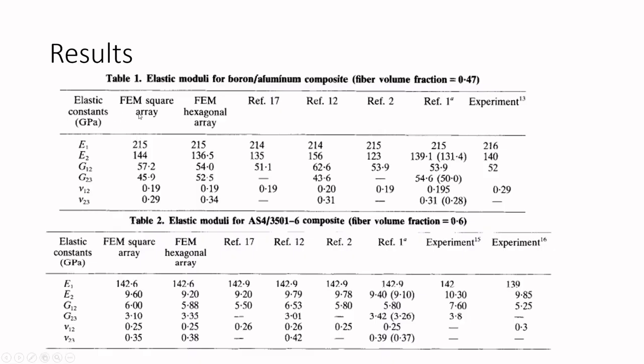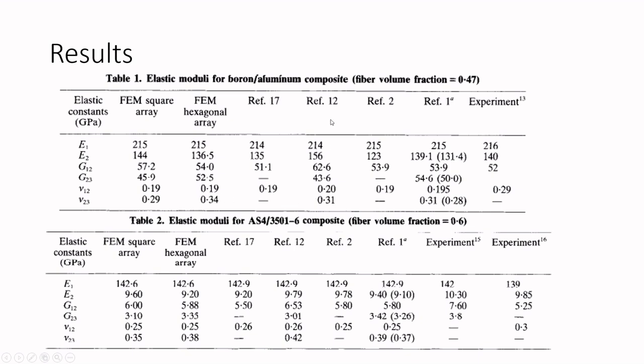This is the result from the experiment and from these particular simulations, and also some references are taken to know the agreement or disagreement. This shows that the first one, E11, has great agreement with experiment, also with the reference. The only disagreement is mu12, which is giving a very low value.